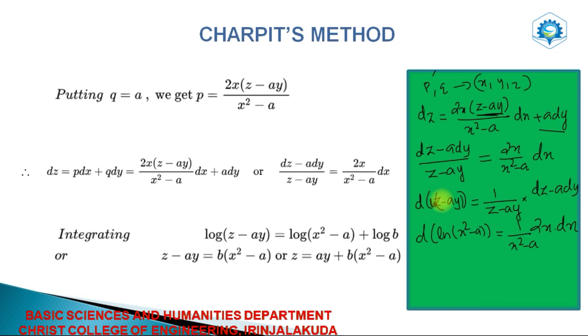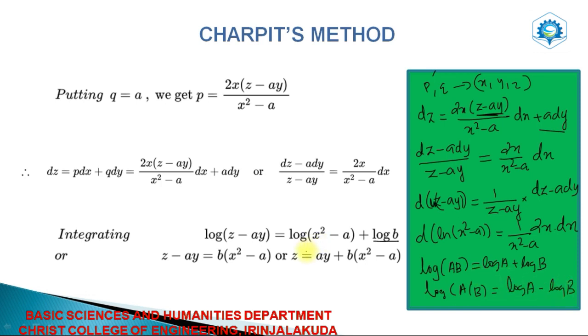We will get log z minus ay equal to log x square minus a plus log b. Now we are taking the constant of integration as log b because we have log in all the terms, so that we can use the property log ab equal to log a plus log b, or we have another property that is log a by b equal to log a minus log b.